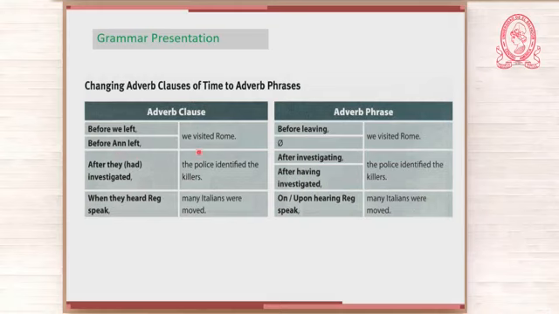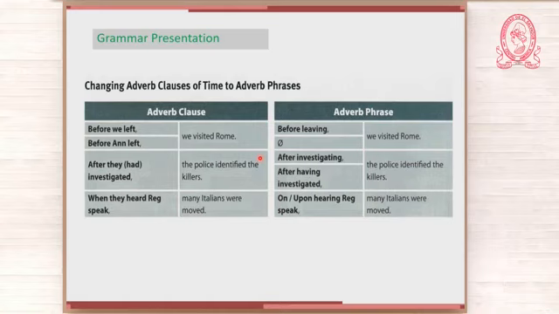We are referring to the same persons, so we have the same subject. Now, what do I do to reduce it to an adverb phrase? We omit the subject, they, and then the principal verb is changed to the ing form, and then we have after investigating, comma, the police identified the killers.